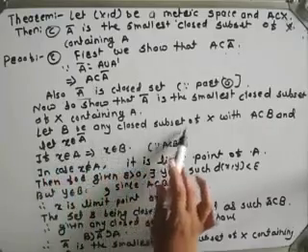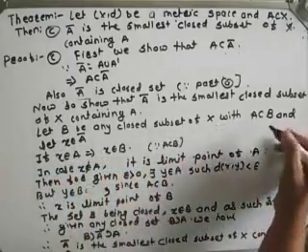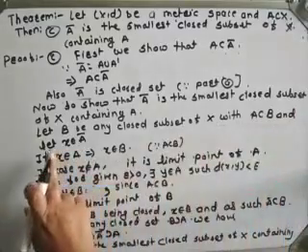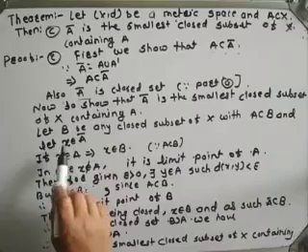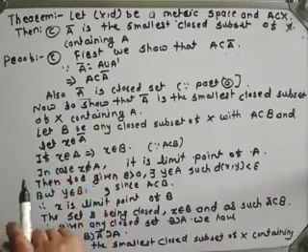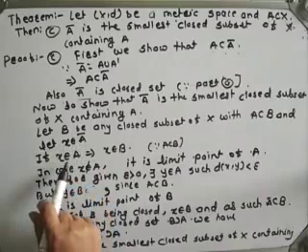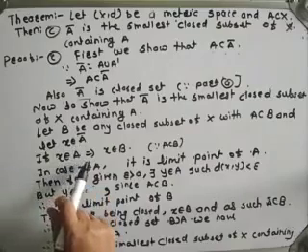let B be any closed subset of X with A a subset of B, and x belongs to A closure. If x belongs to A closure, that means x belongs to A union A dash.